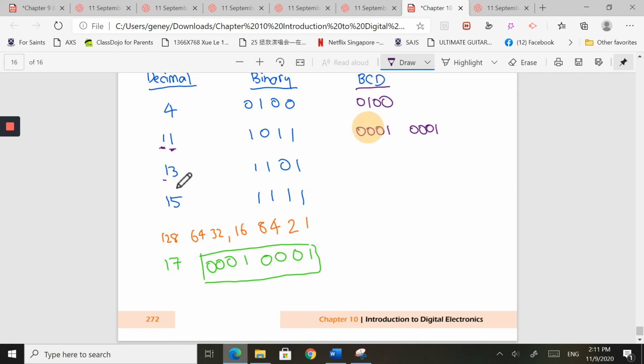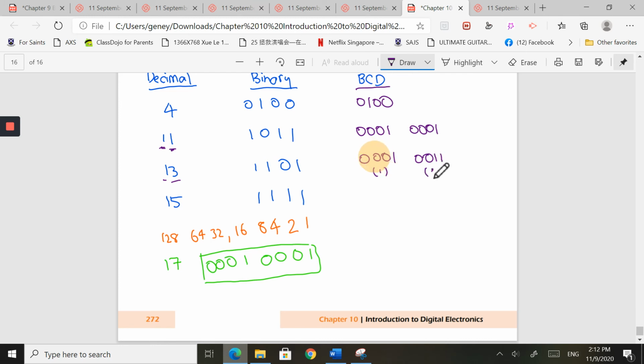Okay, if you're still confused, let's do 13. I'm going to take the individual decimal digits. 1 is 0001. This is my 1. And the 3 is 0011.